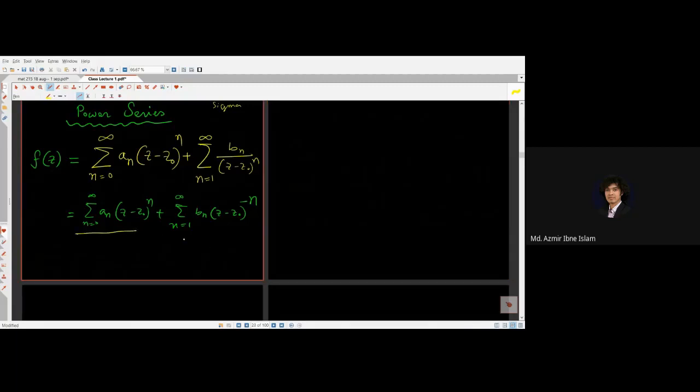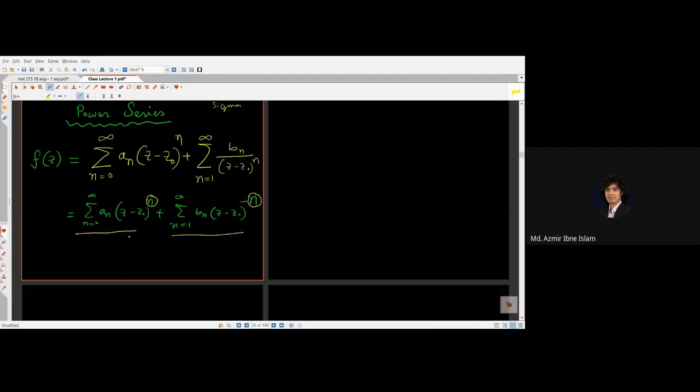In complex analysis, if we need to find the power series of a function, it may be a rational function, a trigonometric function, or an exponential function, but for your final exam, rational functions are important. Any function can be written in power series manner, but you can see here we have positive n and here we have negative n.